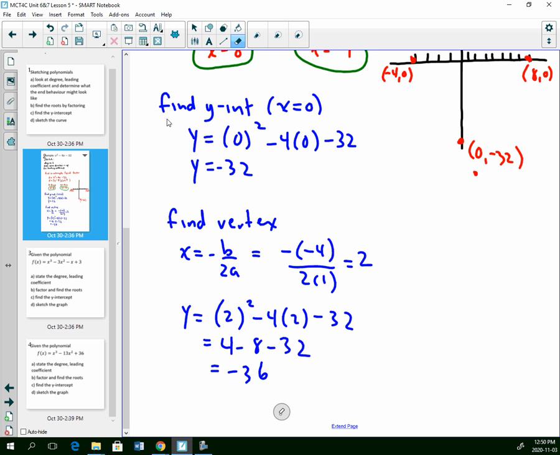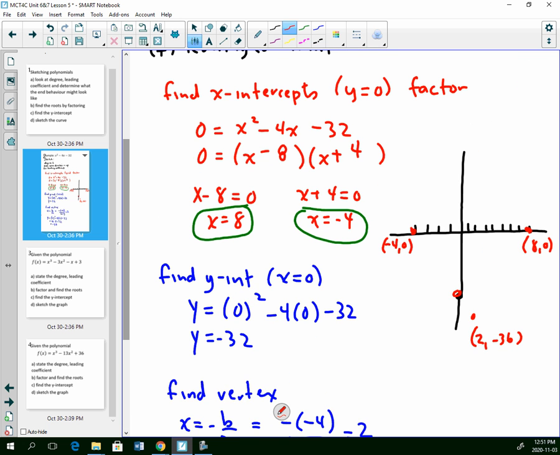Let's move this over a little bit. And so that gives me a few points that I could use to sketch my curve.